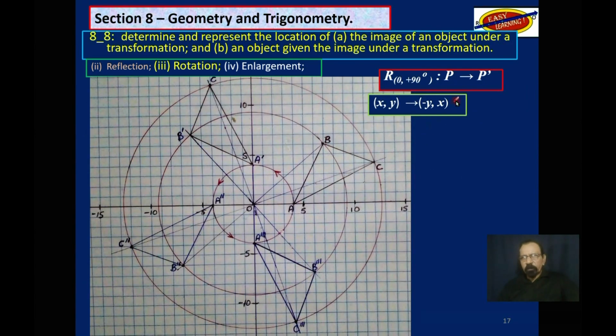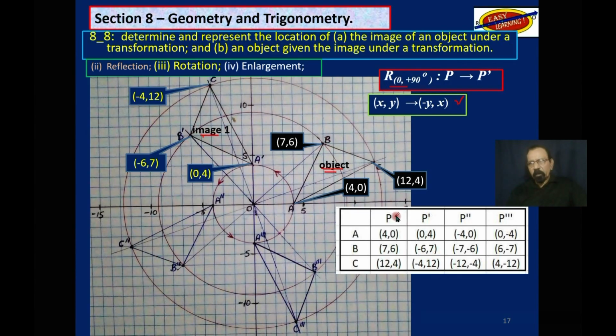Now, just to reinforce that rule, using this, we got that from this object and that image. That's what we got here, P object, P prime, which would be this first image here. But let us use this image now as the object. Forget that. We are going to use this image as the object and this here as the image. That 0, 4, remember we exchange x and y, then multiply the new x by negative 1.